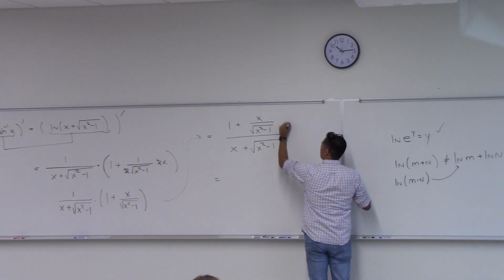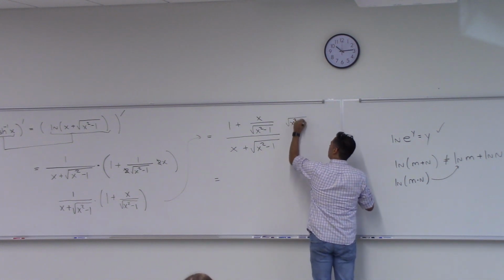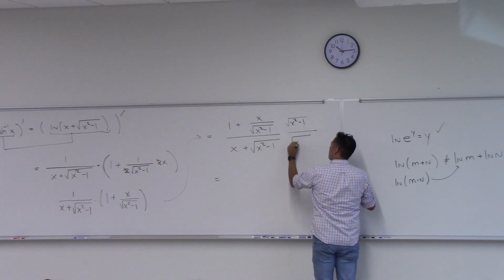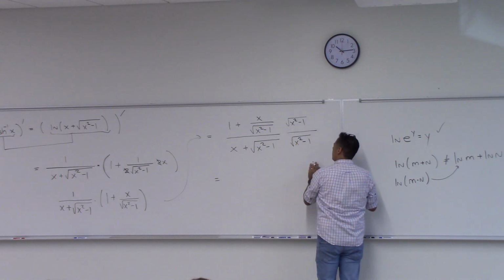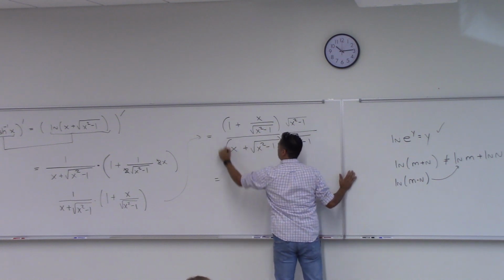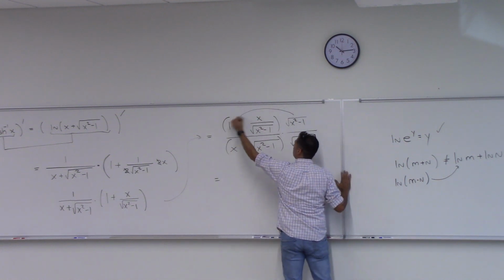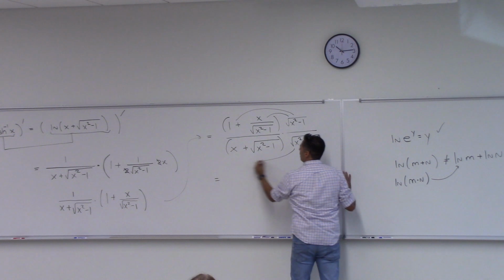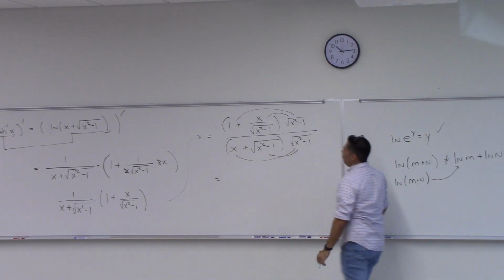I'm going to take root x squared minus 1 on top and bottom. I'm multiplying it, and then that means I have to distribute on both of them. So I have to go here to here, here to here, here to here, here to here. Hoping this is going to work out.